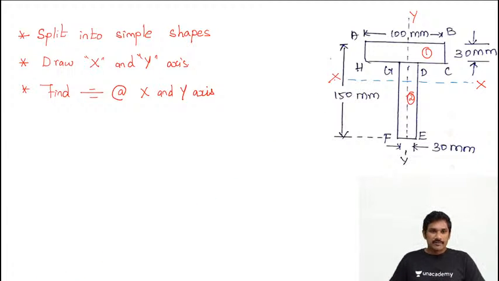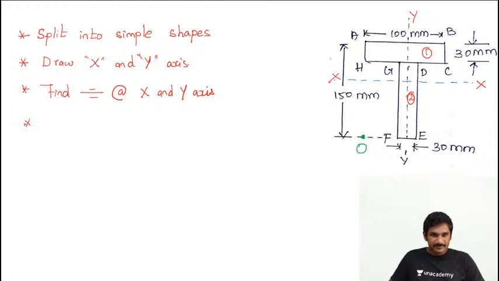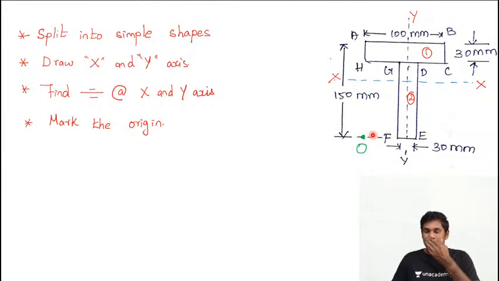So for that, the next thing is mark the origin. So what is the origin here? Why do I need to mark this origin?